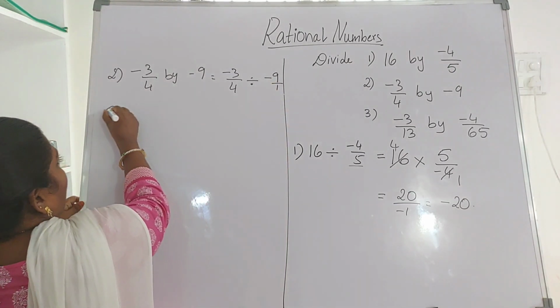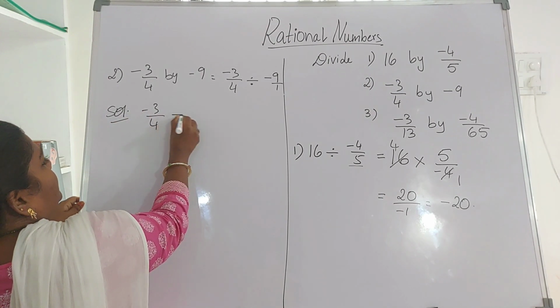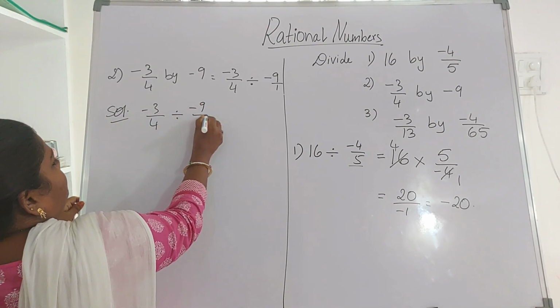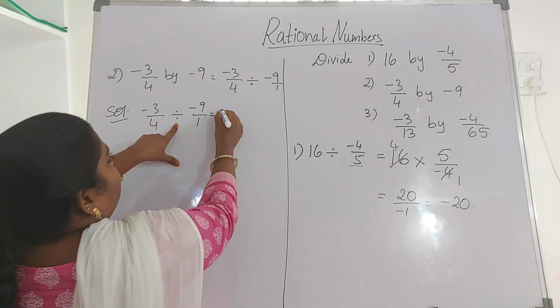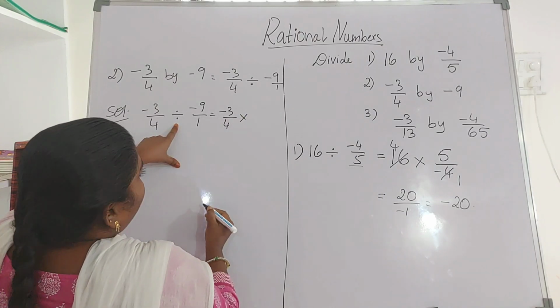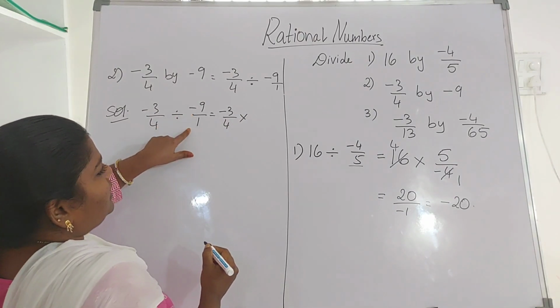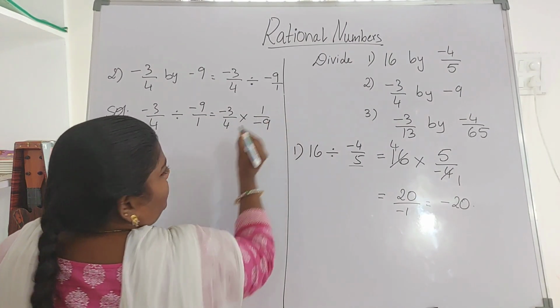So minus 3 by 4 divided by minus 9 by 1 is equal to. Now as I told you, the division symbol is replaced by a multiply symbol, and here minus 9 by 1's reciprocal is 1 by minus 9.